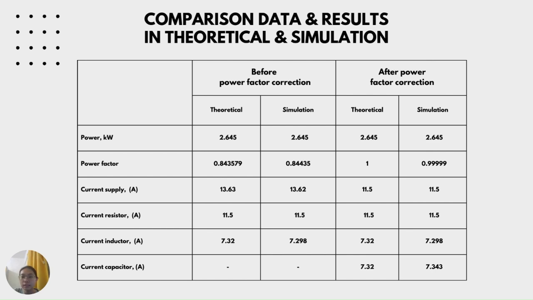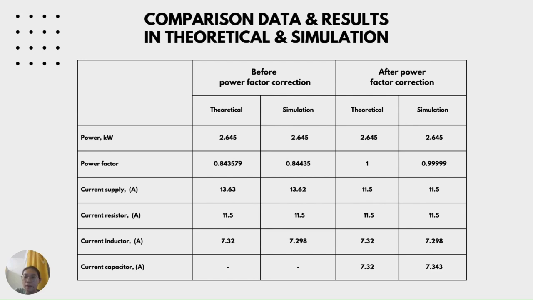Next, the current supply in theory is 13.63 amperes and in simulation is 30.62 amperes. The current across the resistor is 11.5 in theory and simulation. The current across the inductor is 7.32 amperes in theory and 7.298 amperes in simulation.